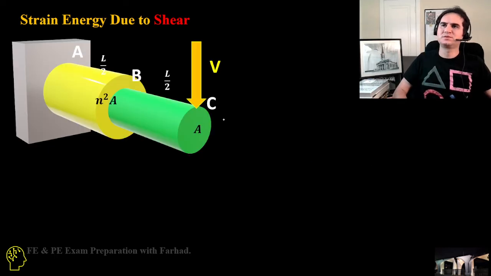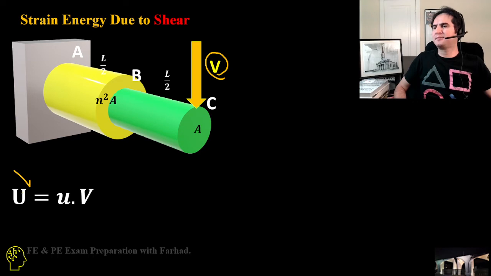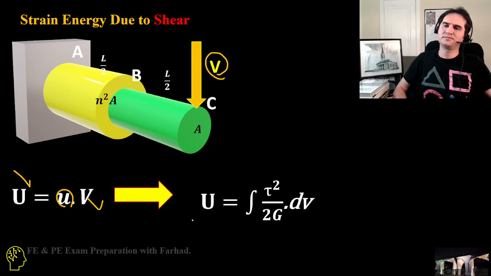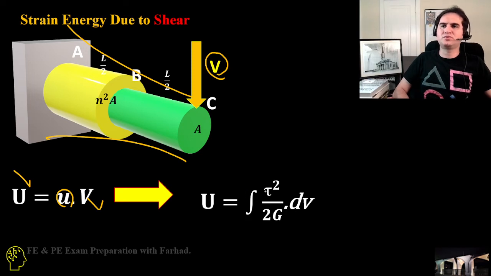So if you have a vertical force applied at C, then capital U, which is the strain energy, is the strain energy density times volume. If it's a continuous shape, it's the integration of tau squared over 2G dV.